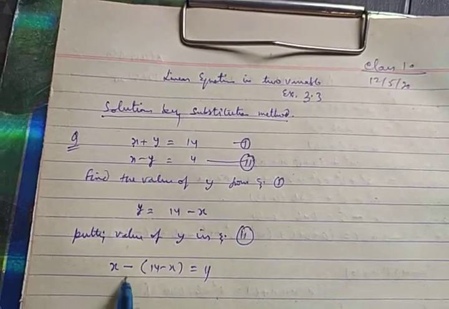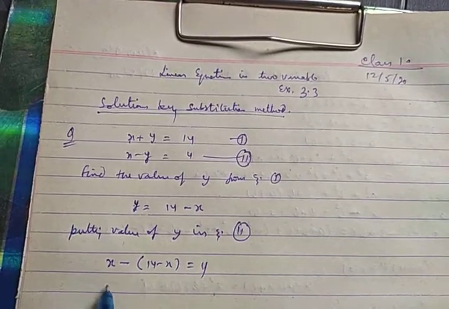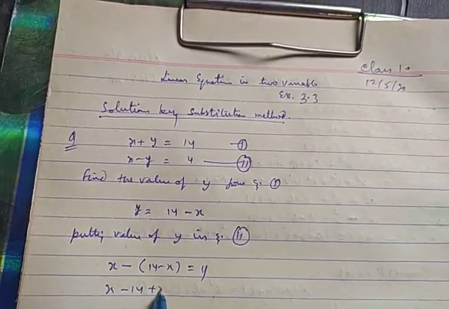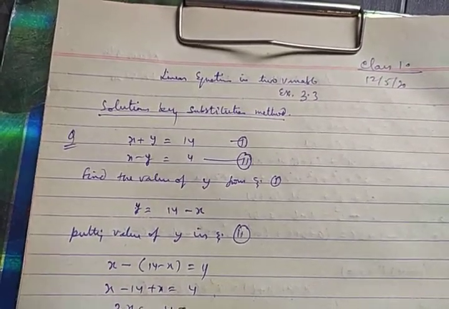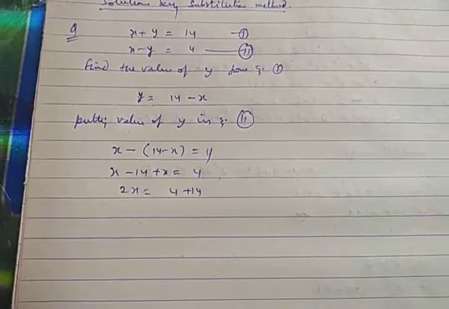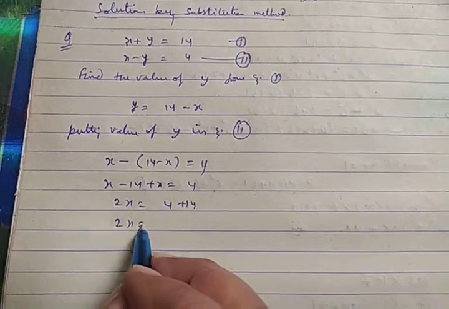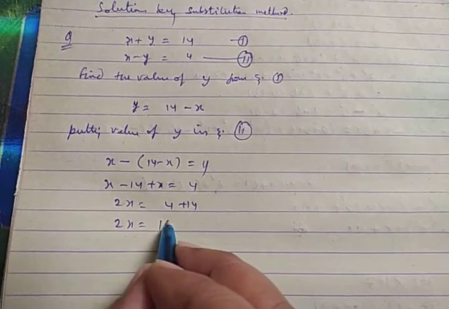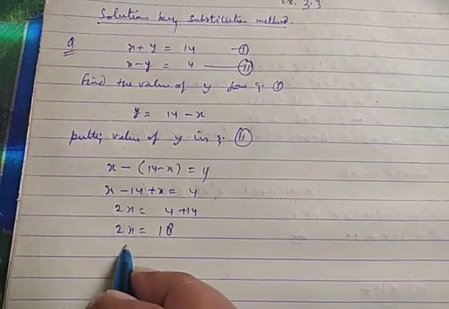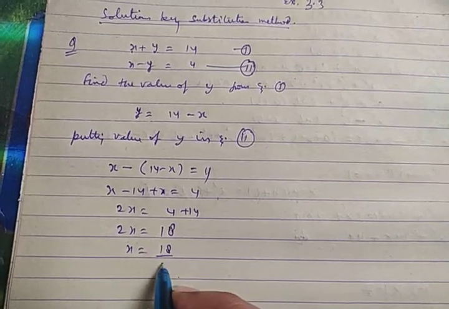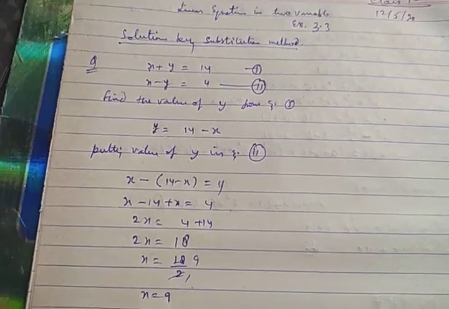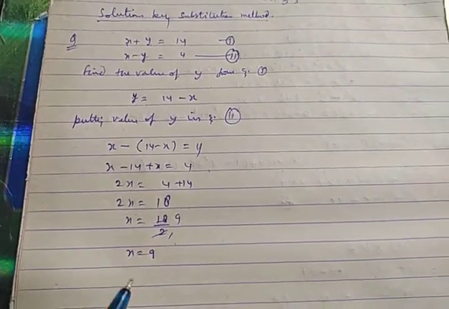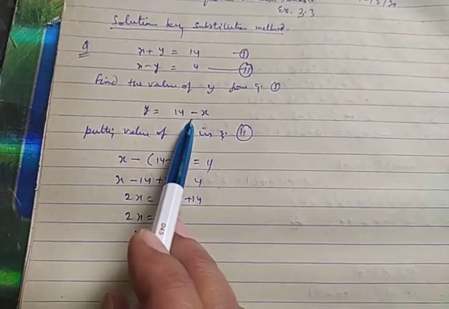Now simplify. This equation is now in x only. x minus 14 plus x is equal to 4. This will become 2x is equal to 4 plus 14. This is a simple solution. 2x is equal to 18, and x is equal to 18 upon 2, which is 9. So x is equal to 9. This value can be substituted here.